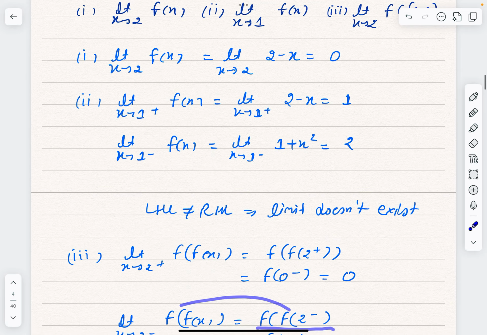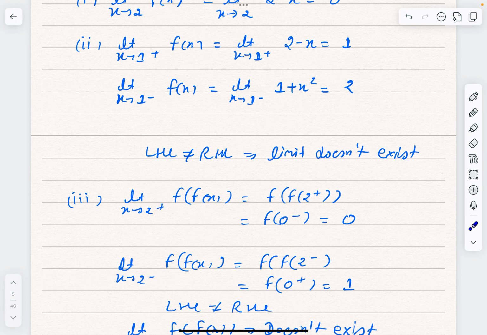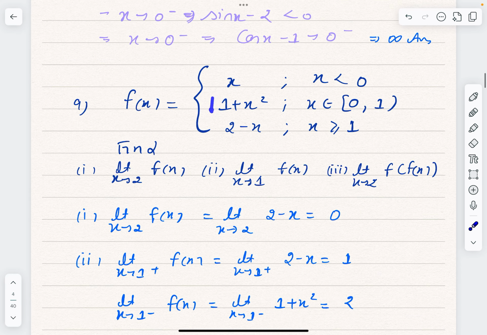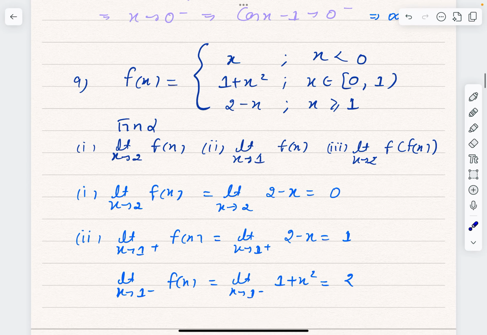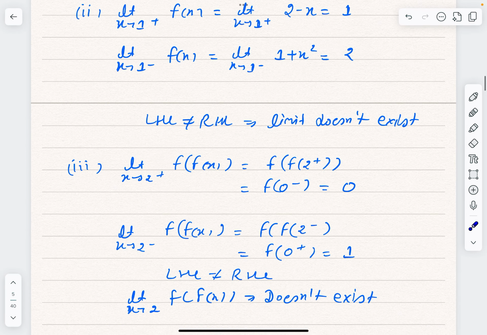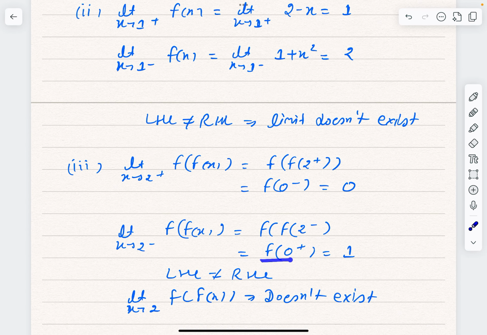So now we get f of 0 positive. 0 positive means it lies here because it is slightly more than 0. Now you put 0 here, you just get 1. So f of 0 positive is equal to 1. So the final thing here is 1, the earlier final thing was 0. So you can see RHL is 0 and LHL is 1, so the limit does not exist.